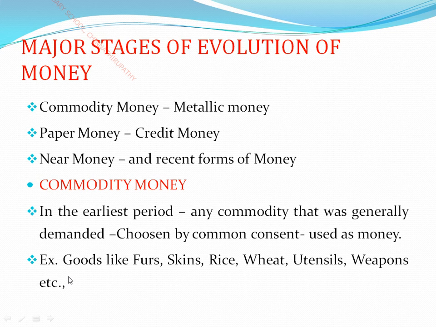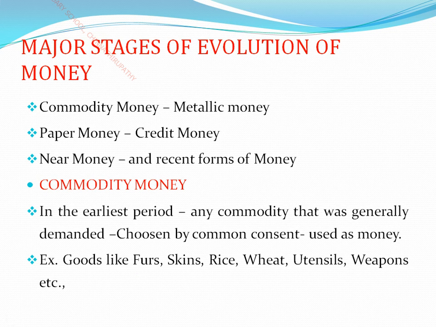Okay, for example, commodity money was most commonly used in goods such as furs. Furs means what? The short, fine, soft hair of certain rare animals is called fur.